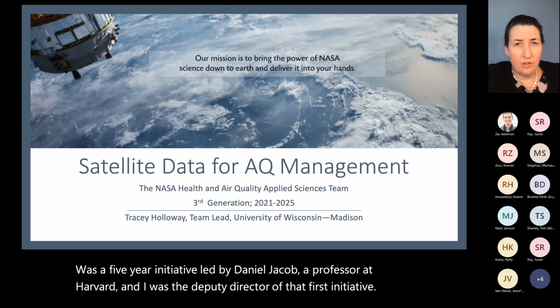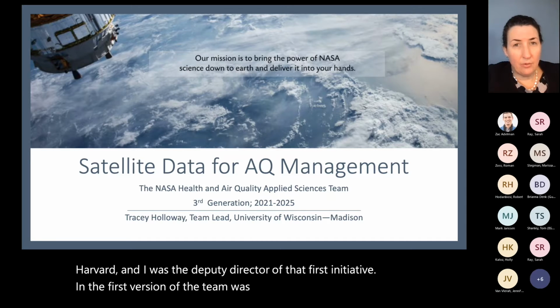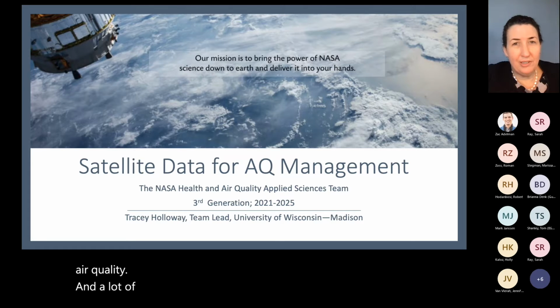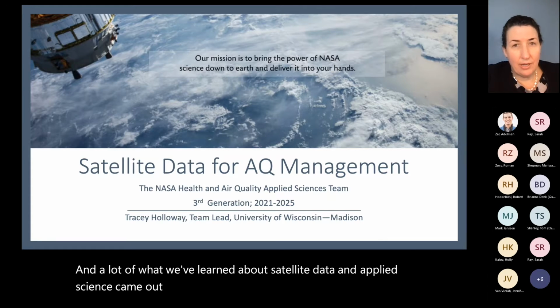And the first version of the team was really focused on the US and air quality. And a lot of what we've learned about satellite data and applied science came out of that team, including the paper by Dr. Milford that Zach just mentioned.